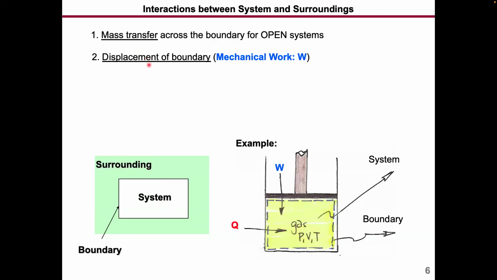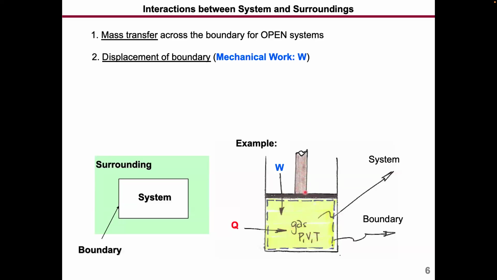And then the second way to interact is the displacement of the boundary. And by this displacement, you're actually doing mechanical work. Usually we use W to represent mechanical work. So if you imagine a piston, and you have some gas inside, okay?